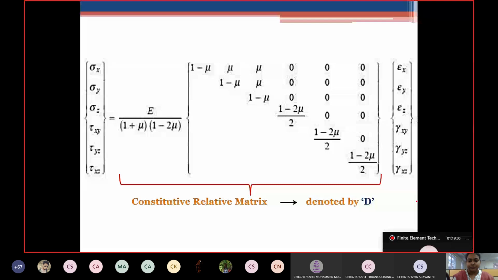So, I can reduce this equation as sigma is equal to D into epsilon. Is this equation relating closely to any of the equations?